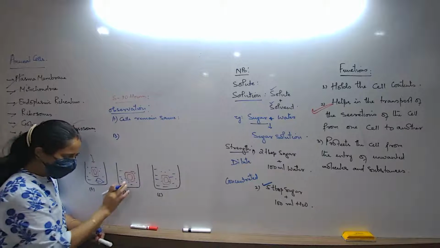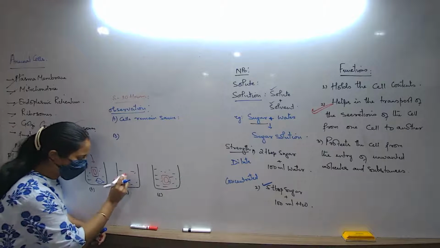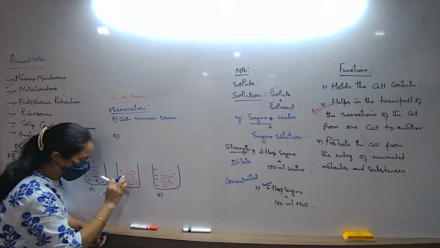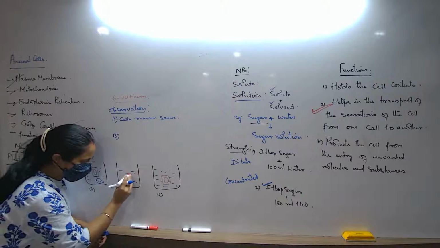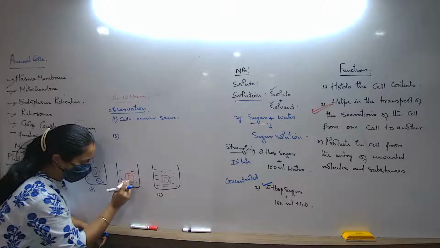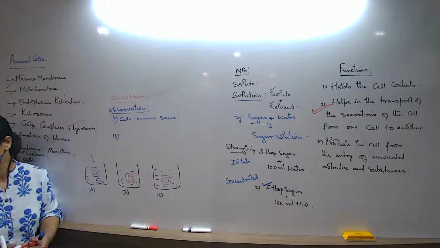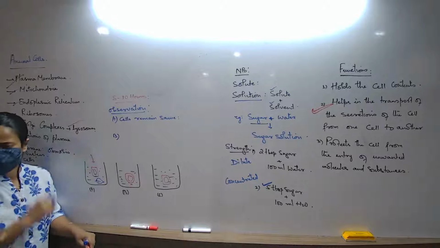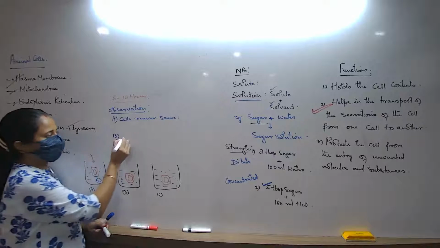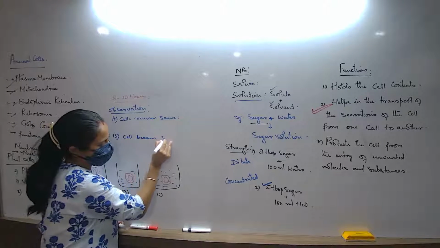So either you understand this way, or the swelling can happen in many different ways. This plant cell has started swelling this way. ऐसे भी होता है, where you understand that the vacuole has become much bigger than what it was earlier. How are we supposed to write? The cell became swollen.